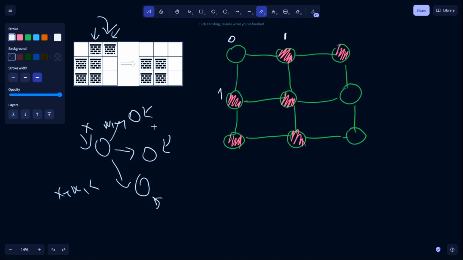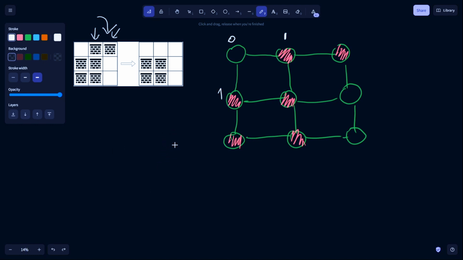Otherwise, we do not update the weight. That is the basics of Dijkstra. Every time, we grab the vertex with the smallest cost or the shortest distance from the starting point. That is the core of Dijkstra, but of course it needs its own video because we need to see the correctness of this algorithm. But for now, let's just focus on this problem.